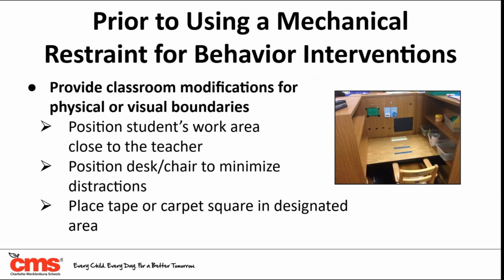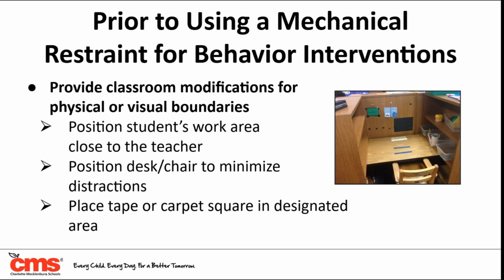You want to position the student's work area close to the teacher, so we want to be proximal. We want to position that desk or chair to minimize distractions. And you can see in this particular instance, he is within a barrier of some bookshelves, but he is not prevented from moving from the space, right?